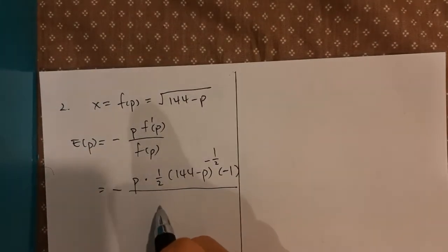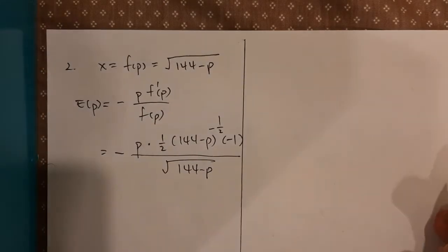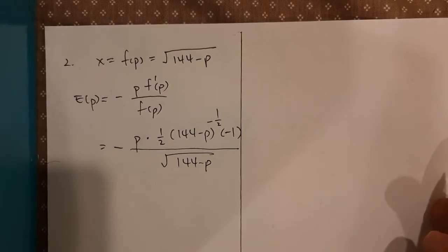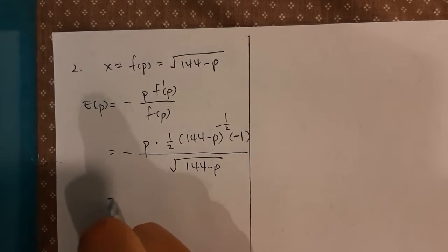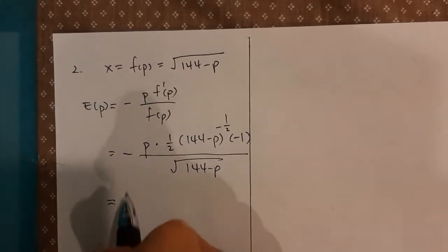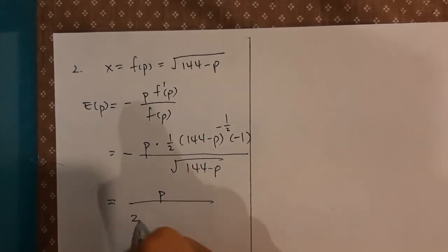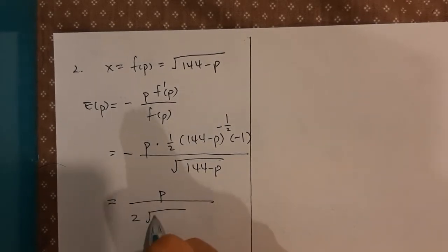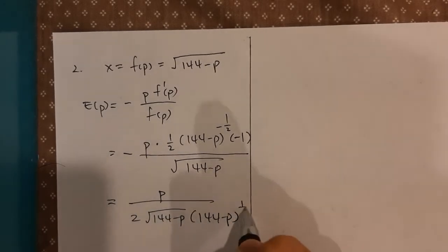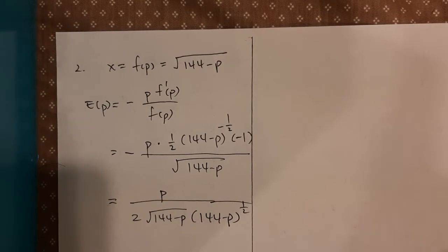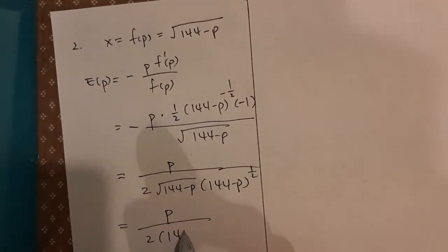Divide by the square root of 144 minus P. Multiply it together, we'll have P divided by 2 on the bottom. We have the square root of 144 minus P times 144 minus P to the 1/2. So that will give us P over 2 times 144 minus P.